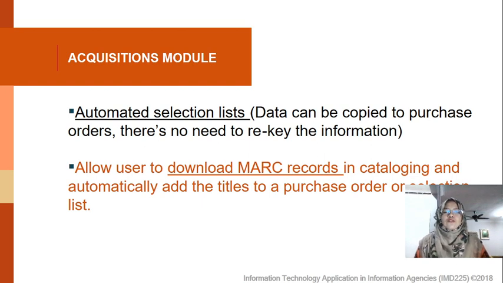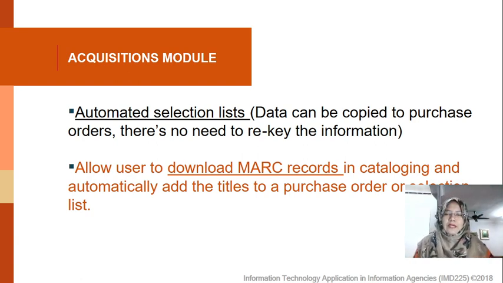While for the acquisition module, it is about an automated selection list, where data can be copied to a purchase order. There is no need to rekey the information, so it eliminates steps in the process of purchasing materials. It also helps the librarian minimize typing mistakes, so there is no typing error and so on.